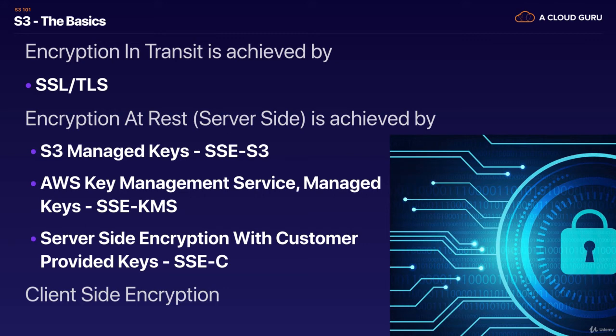You might do this on your Mac or your PC, and then upload that object to S3. So there are four ways of doing encryption: server-side encryption with SSE-S3, SSE-KMS, and SSE customer-provided keys, and then client-side encryption, where you encrypt the object and then upload it to S3. Let's go ahead and have a look at how we can do this in the AWS console.